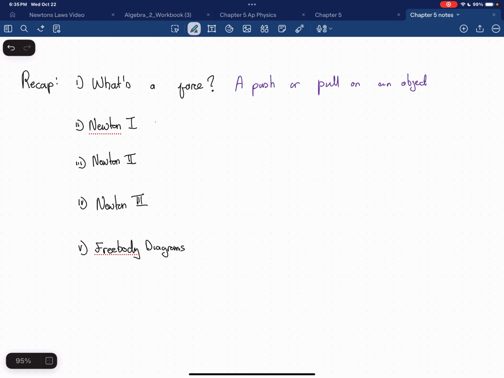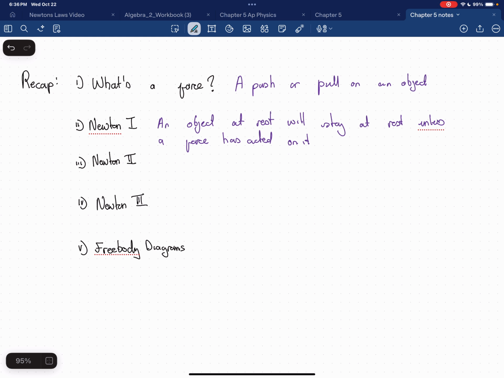Well, Newton 1 tells us that an object at rest will stay at rest unless a force, an external force, has acted on it. And what's this basically saying? Forces accelerate objects, right?